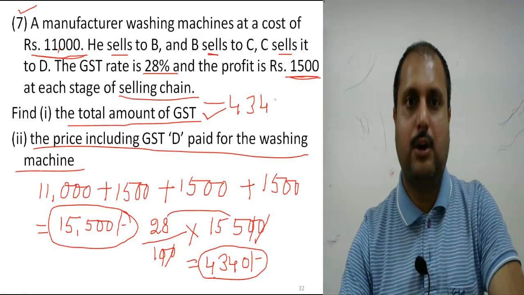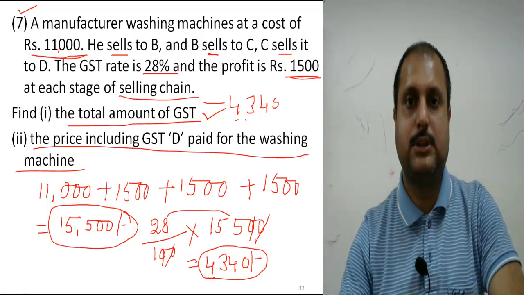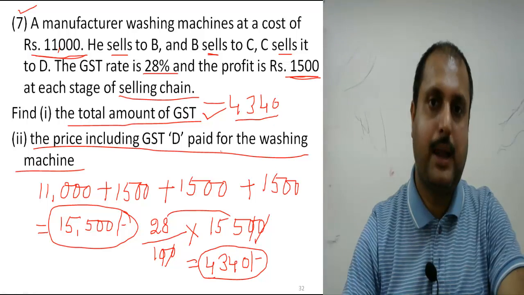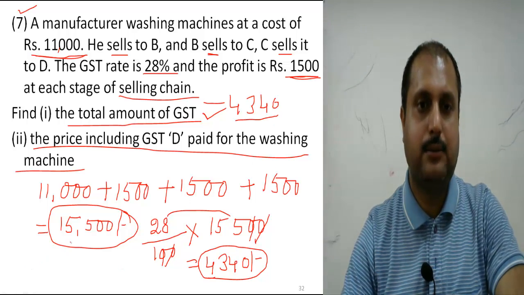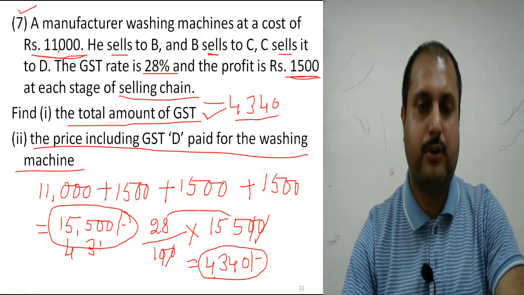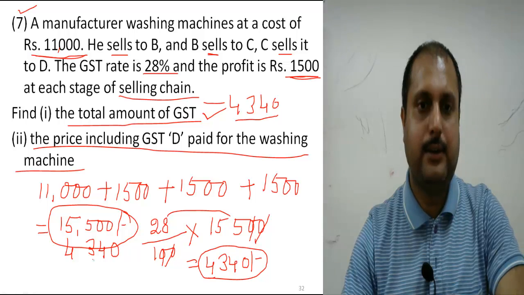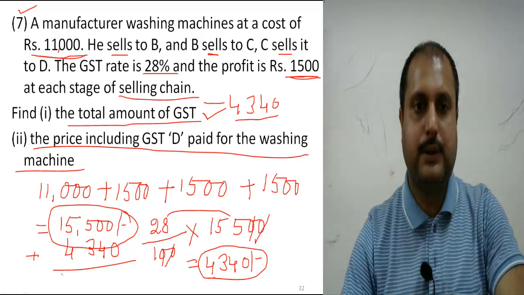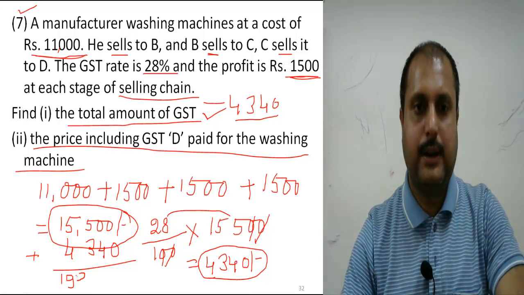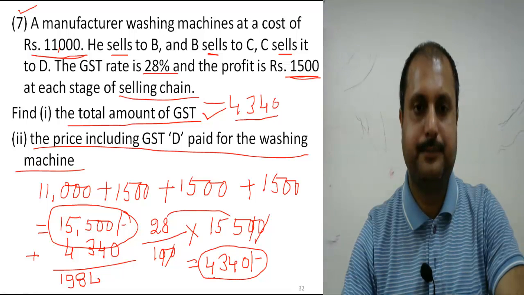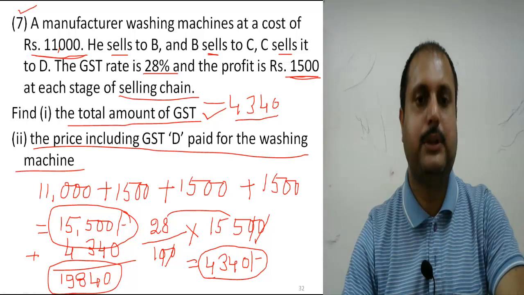Now the price including the GST that D has paid for the washing machine, you can calculate by adding. 4,340, you can add it here. Now if you add it, you will get 19,840.